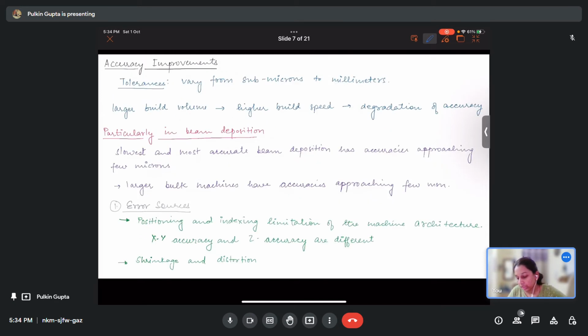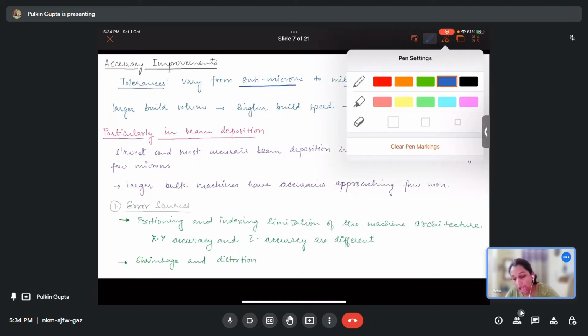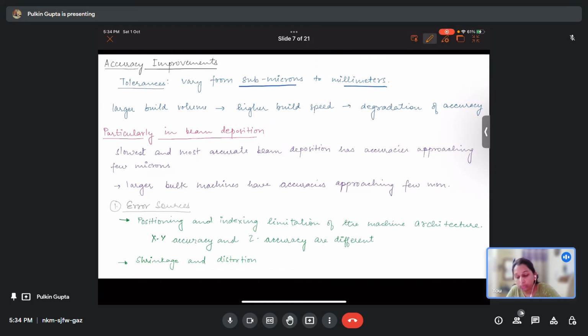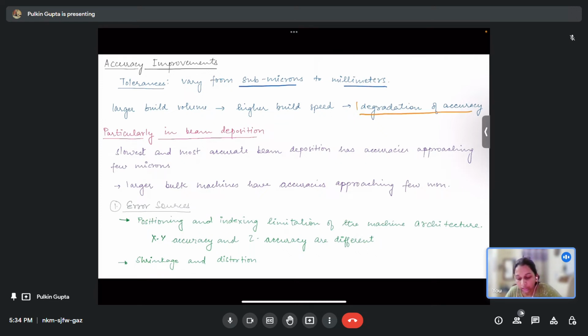Now how can you improve the accuracies? The tolerances for any machine vary from sub-microns to some millimeters, and the larger the build volume, the higher will be your build speed, so the accuracy will be degraded.